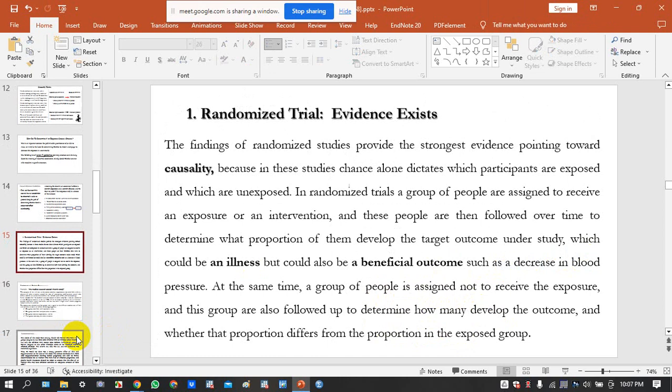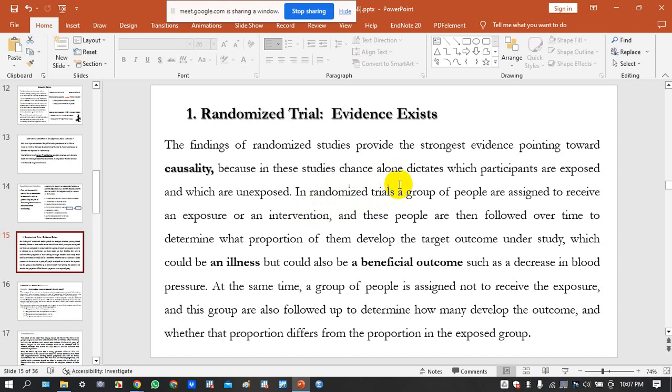So for the randomized controlled trial, this is what happens. The findings of randomized studies provide the strongest evidence pointing toward causality. Last time I explained to you that the highest level of study is the randomized controlled trial, because in these studies, chance alone dictates which participants are exposed and which are unexposed.